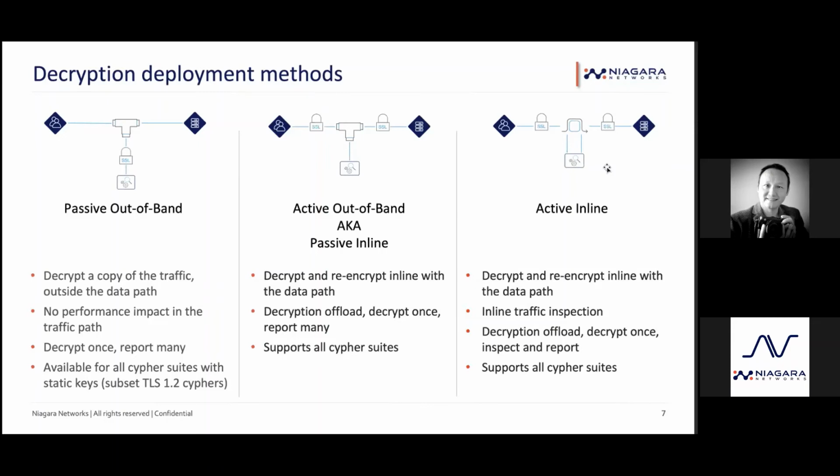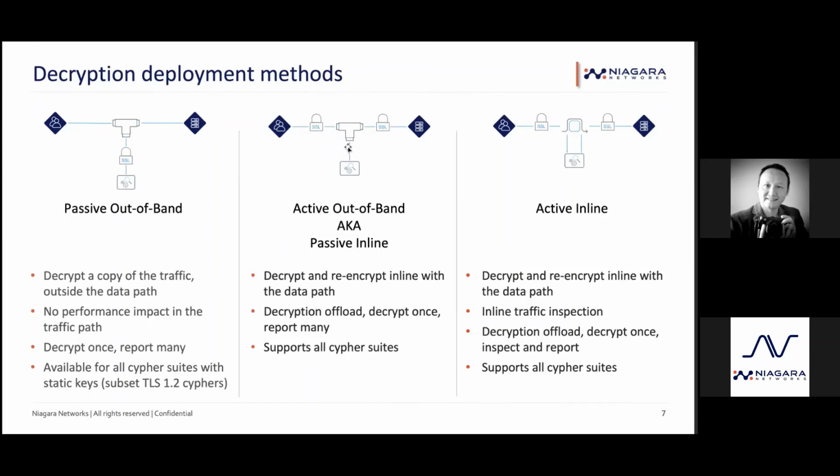Well, what's the difference with SSL interception? It's actually the same. SSL interception is nothing more than a man in the middle deployment. Again, active out-of-band and active inline is a typical deployment of SSL interception. We are in between the session to be able to decrypt that session.